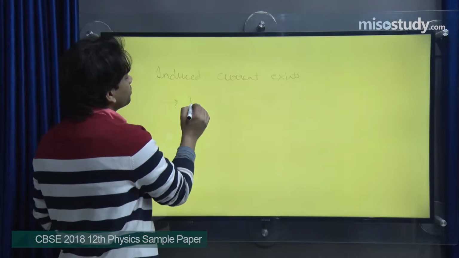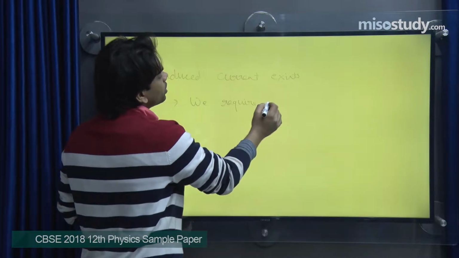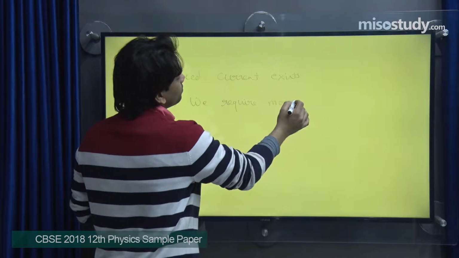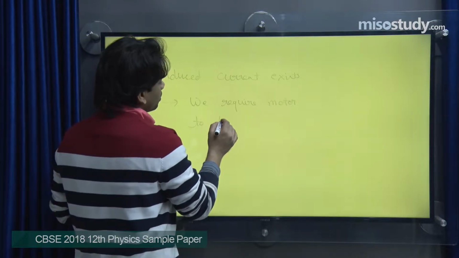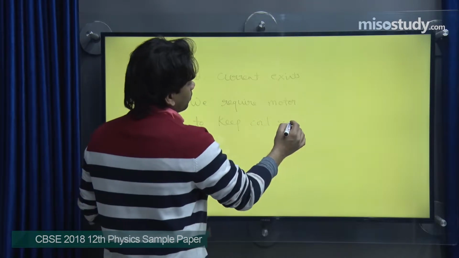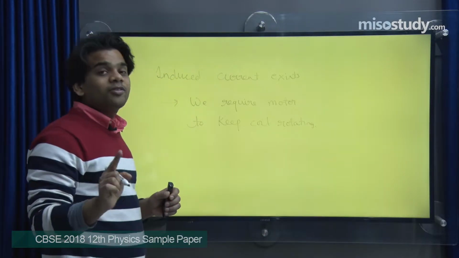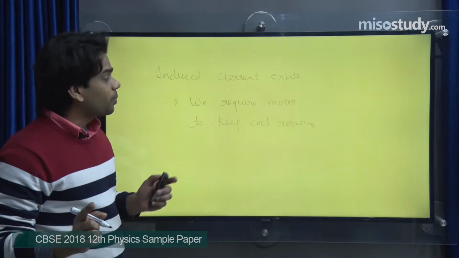So we require a motor to keep the coil rotating. And this power dissipated as heat will be supplied by this motor.